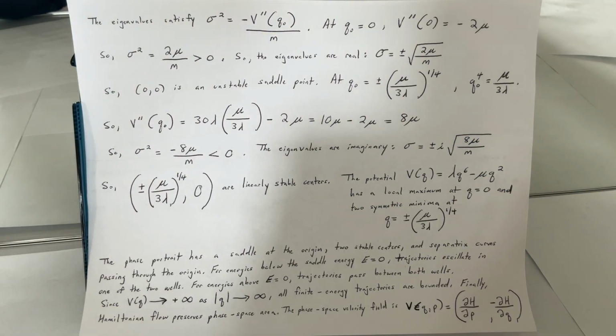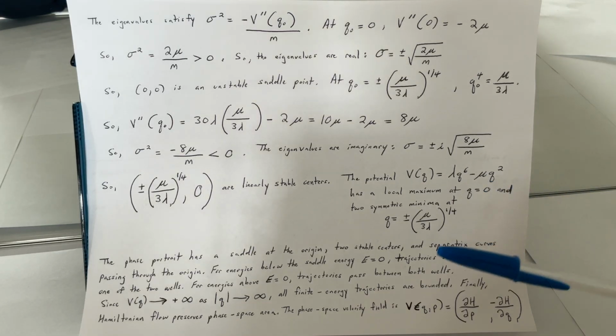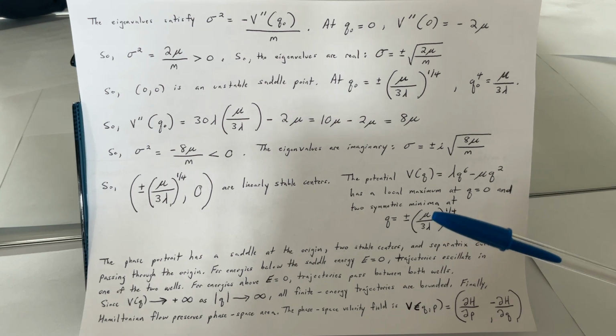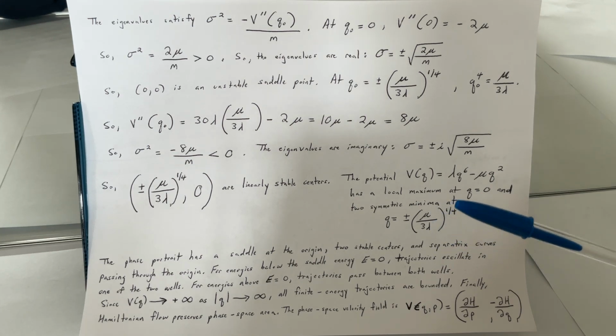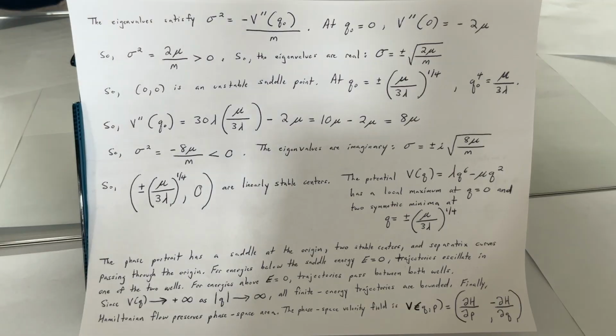So from there we could say the potential V(q) equals lambda q to the 6 minus mu q squared has a local maximum at q equals 0 and two symmetric minima at q equals plus or minus the quantity mu over 3 lambda raised to the 1/4. Adding on to this, I should have put this on the first page.